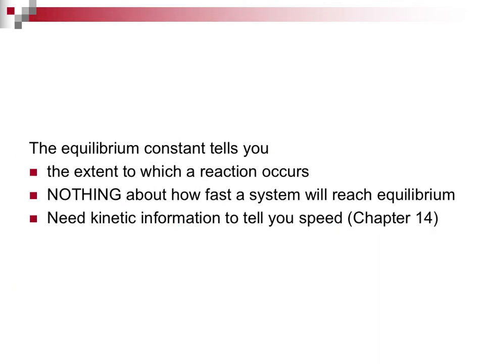The last slide here is a summary slide. What does that equilibrium constant tell you? Products divided by reactants. It tells you the extent, but I haven't talked about that yet. We'll know that K has a couple options. It can be greater than 1, K can be equal to 1, or K can be less than 1.